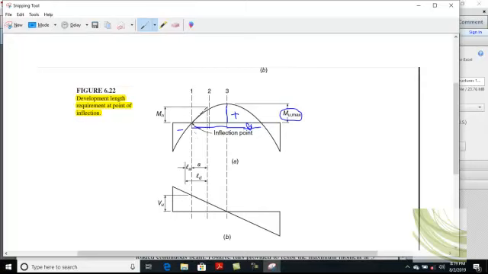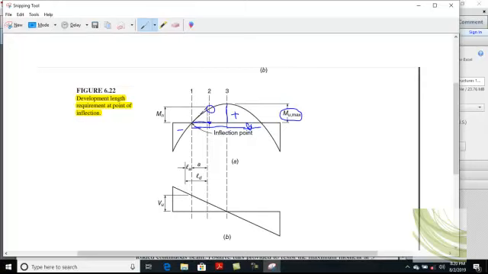So this is a theoretical cutoff point, which is at the 1/3 of this moment. As LD reaches the point of inflection, the bar will be extended to this side.